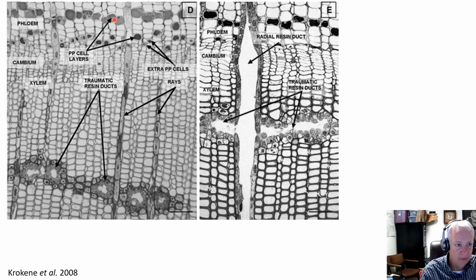This is after wounding. And also these traumatic resin ducts that have been produced by the vascular cambium. These are all new. These are also traumatic resin ducts. So this is an example of structural induced responses to trauma.